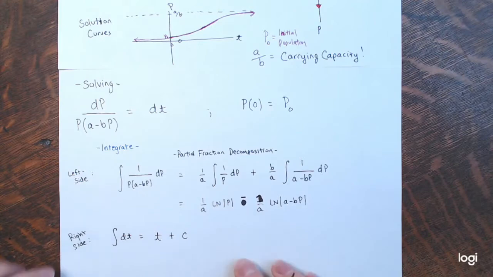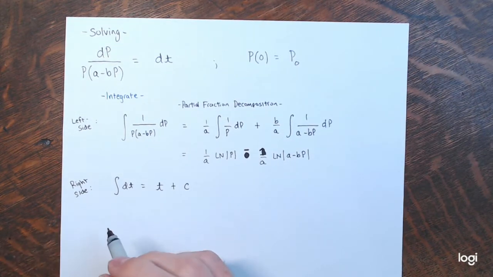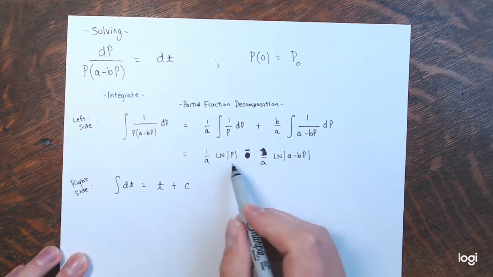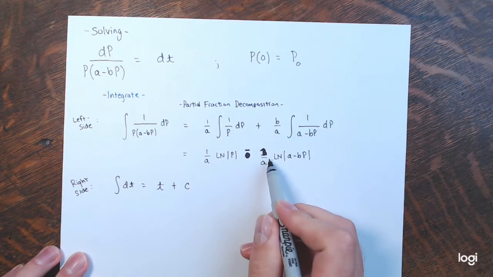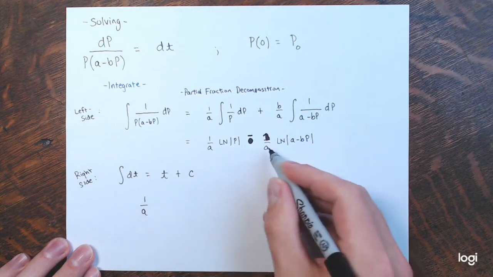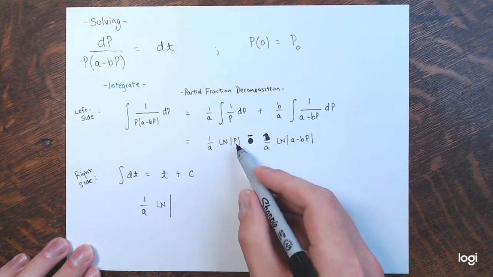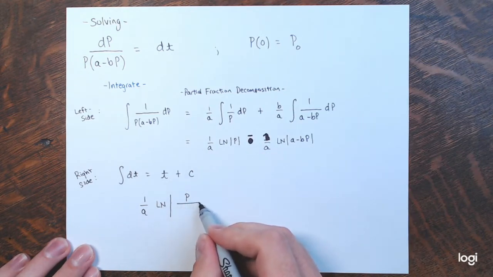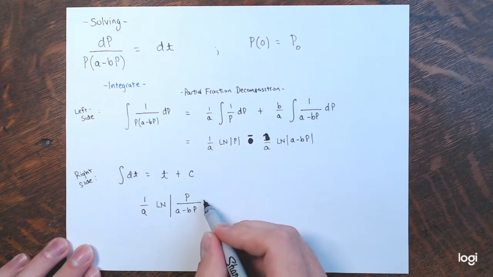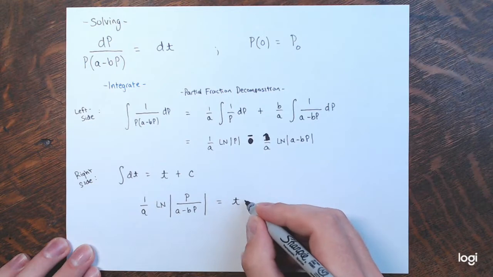All right, so now I have this. And I'm going to do a little manipulation. This expression on the left side with the logarithms, I'm going to use some properties of logs here. We have 1 over a factored out. They both have 1 over a in common, times the natural log of p divided by a minus bp, and this should be equal to t plus some constant.